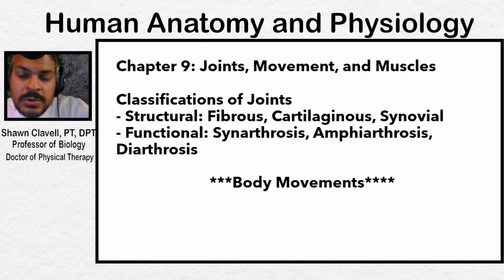The functional type of classification here refers to how much movement is available, right? How much movement is available in a given joint. So you've got synarthroses, those are immovable joints. Synarthroses, that's the first one there. Synarthroses are immovable joints.